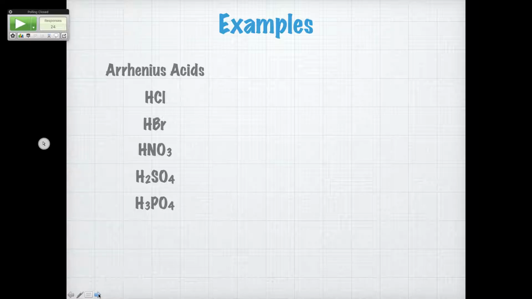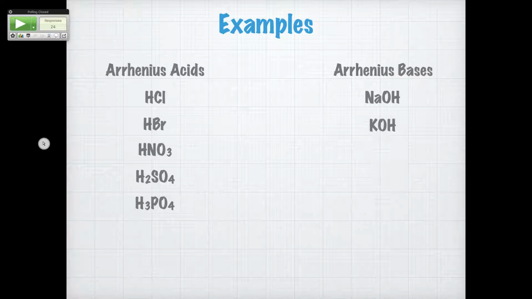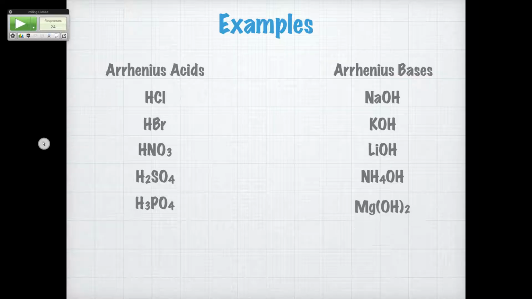Not a one of them is organic on that list. Here are some Arrhenius bases: NaOH, KOH, lithium hydroxide, ammonium hydroxide, magnesium hydroxide. Do you see that they're all things that you probably heard of?